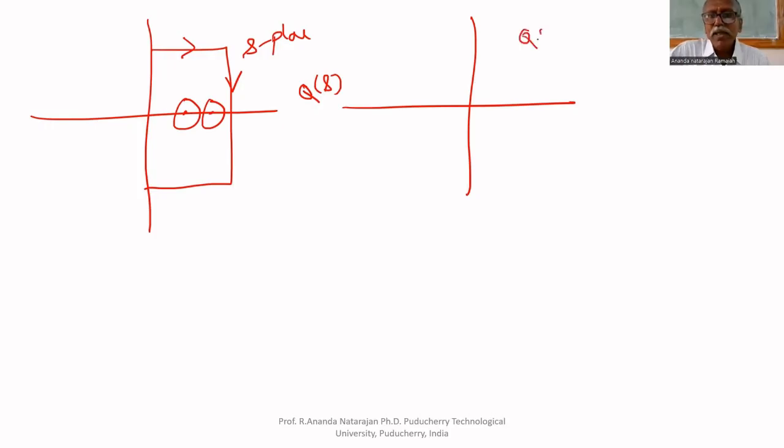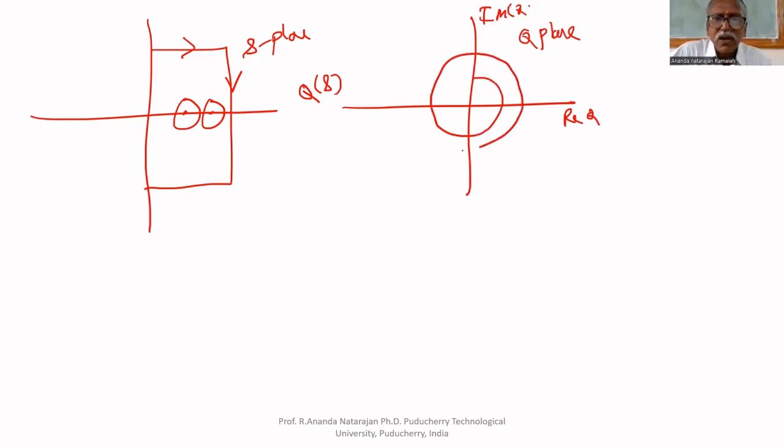It will encircle the origin in the clockwise direction twice, because two zeros are inside.